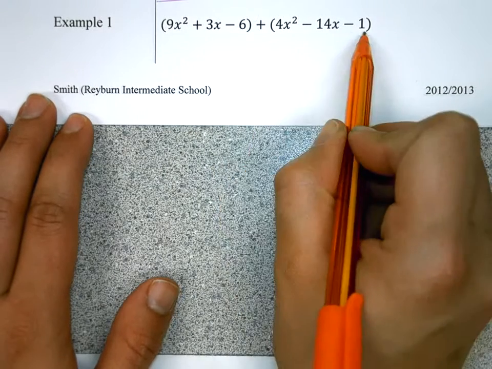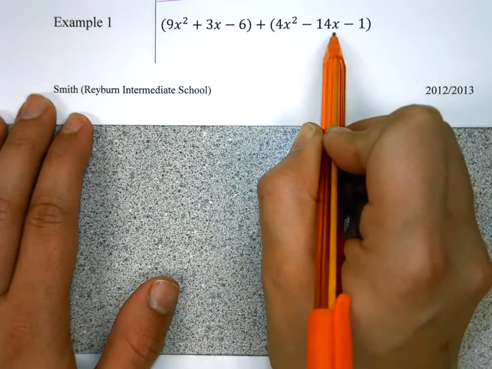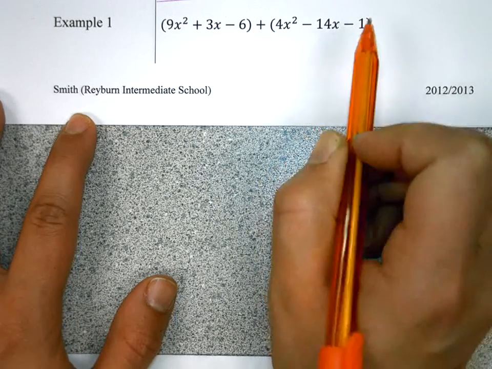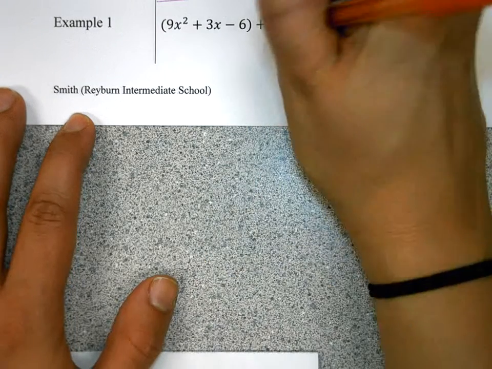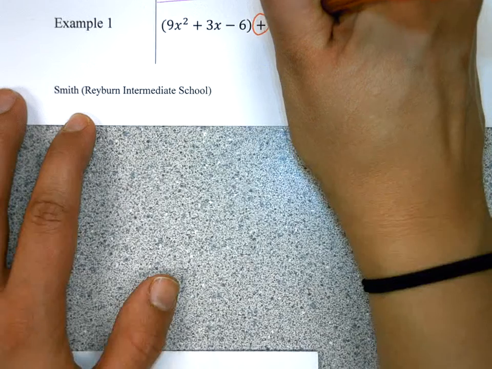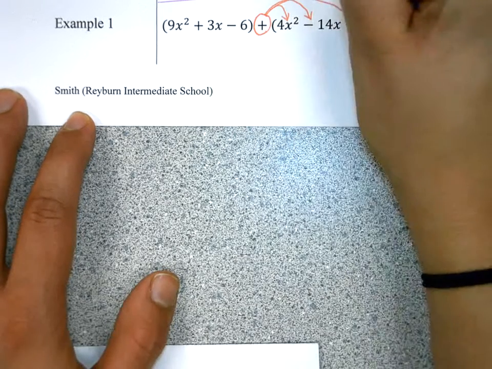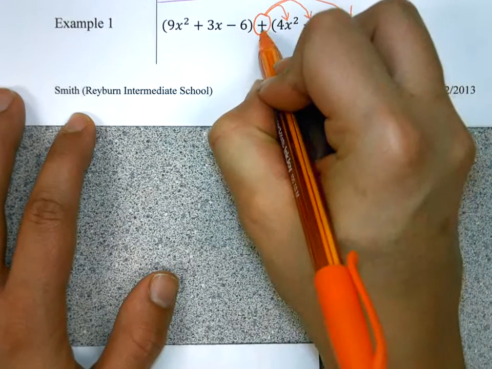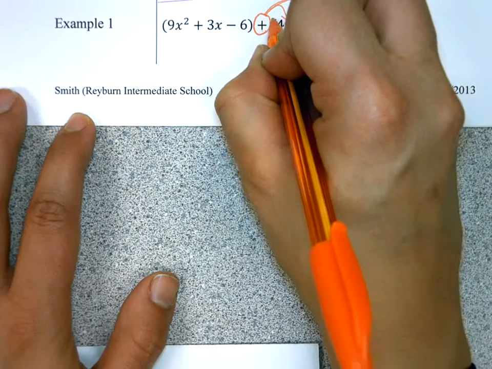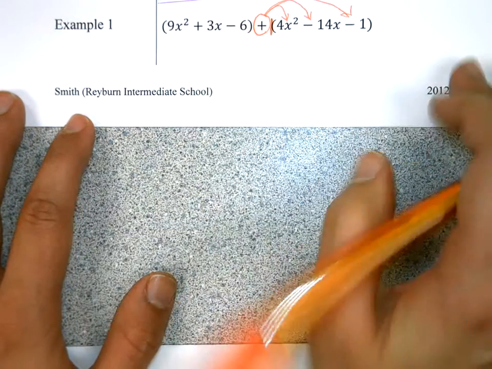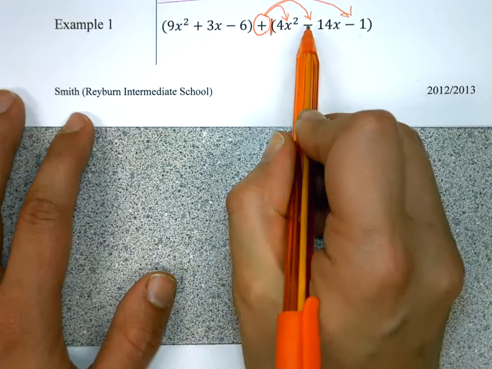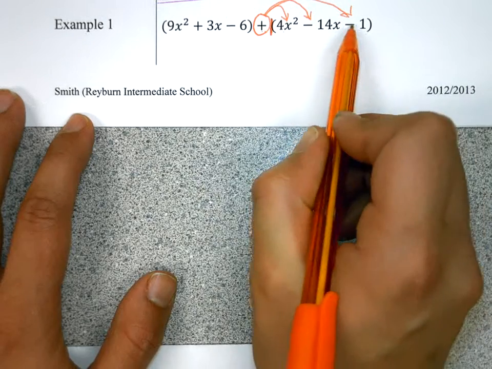Plus the second polynomial, 4x squared minus 14x minus 1. So step 1 said that we were going to take that addition sign and distribute it into the parentheses. And really when I'm distributing an addition, it's actually distributing a positive 1. So whenever I multiply anything by positive 1, nothing changes.